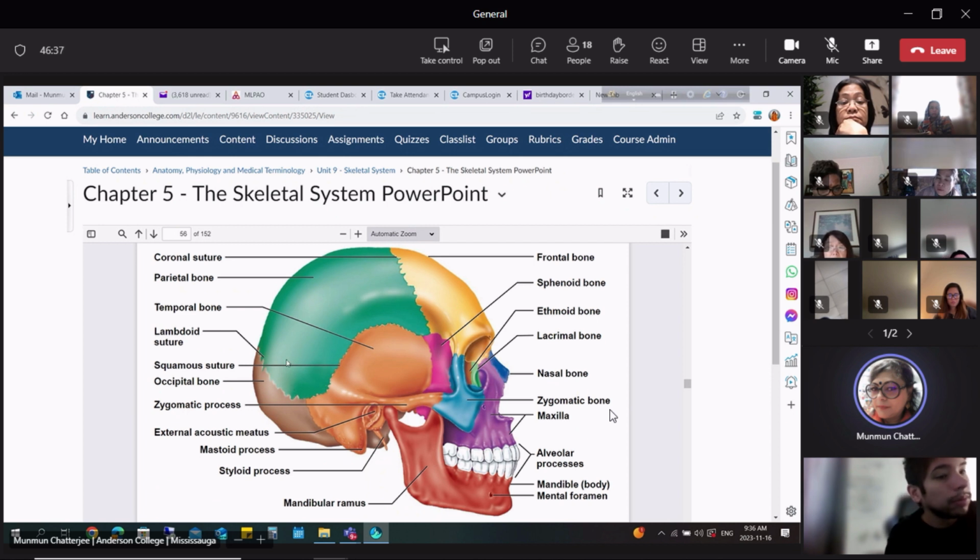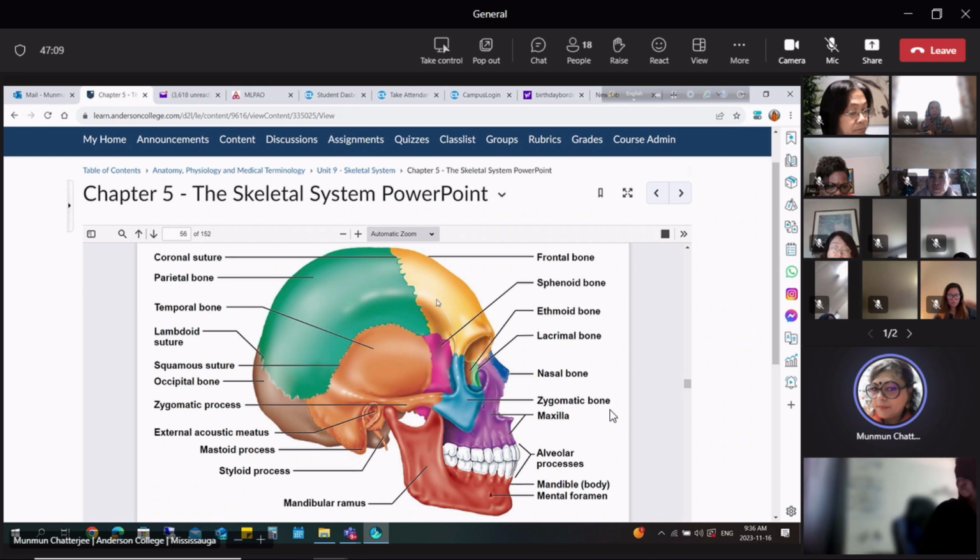The rounded structure covering from the front to the back is called the parietal bone, and down here it is called the occipital bone. And here there is another bone, I think the temporal bone. Yes, this is the temporal bone, beneath that. So: frontal, parietal, occipital, and temporal bone.